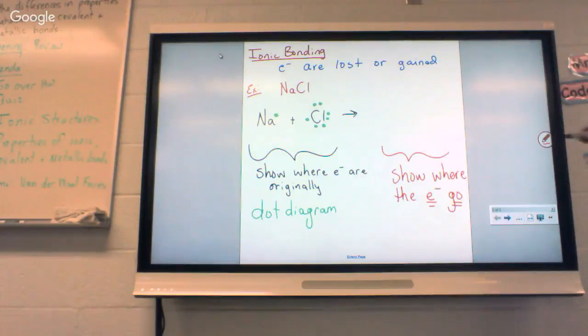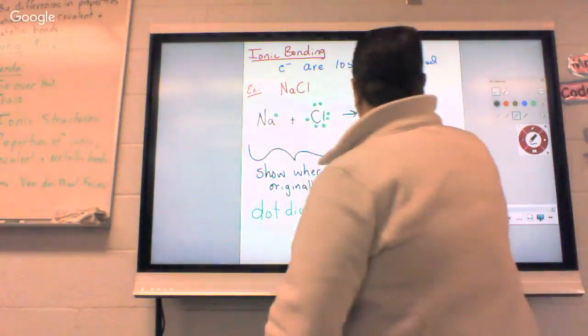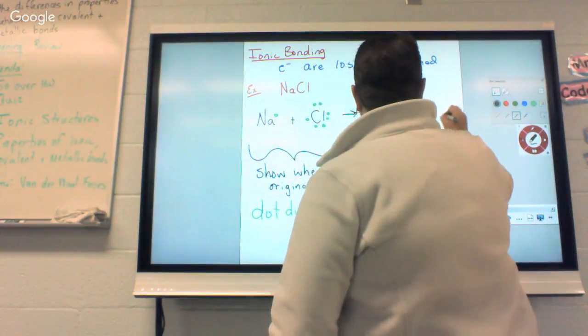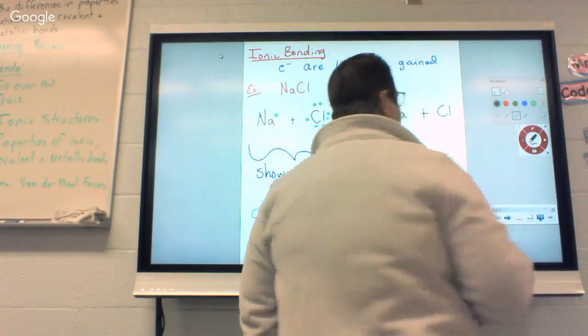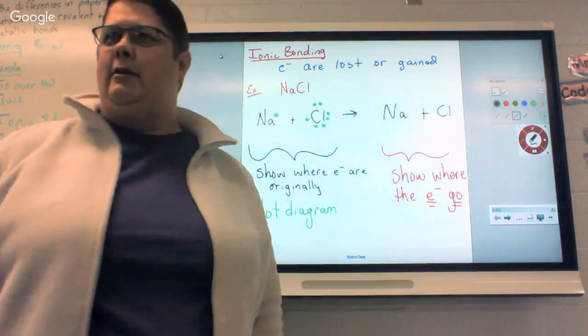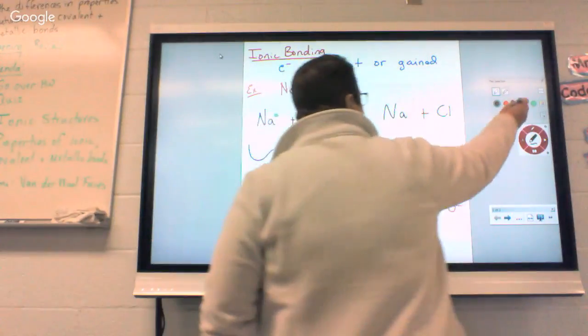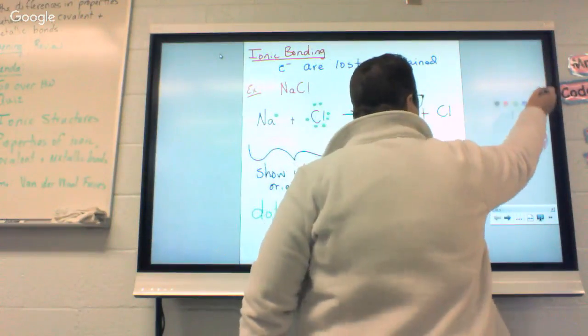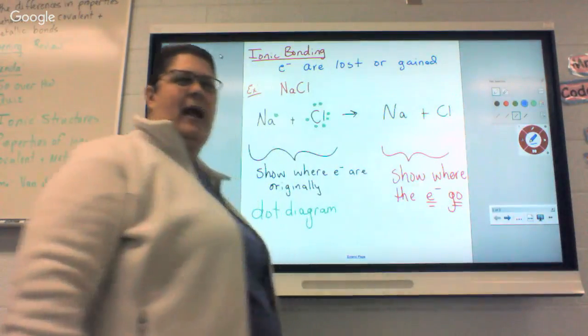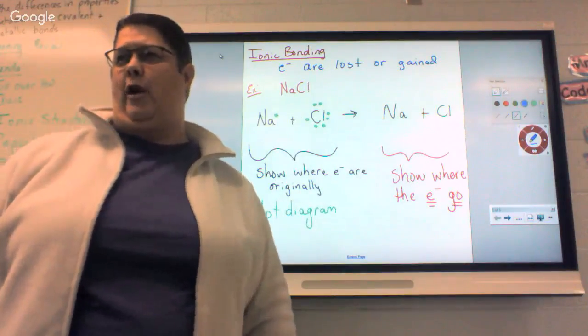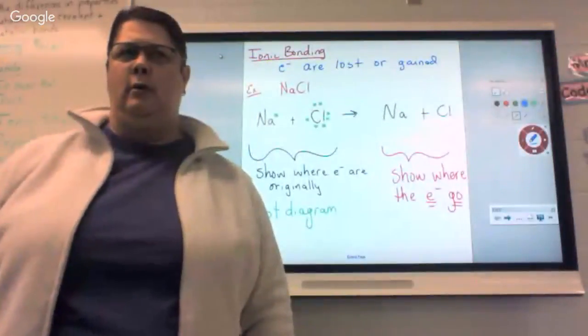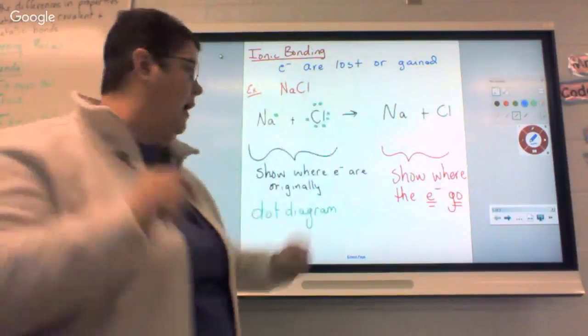So, over here, we're going to write Na plus Cl, and we want to show that sodium lost it and chlorine gained it. So, if sodium lost an electron, how am I going to show it lost 1 electron? Okay.